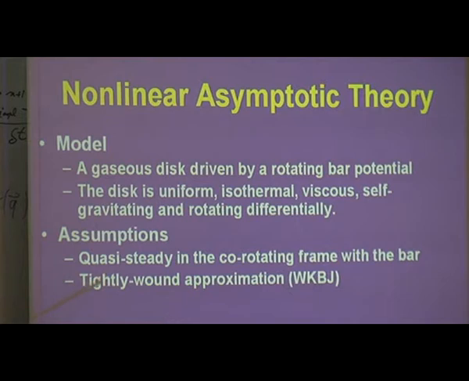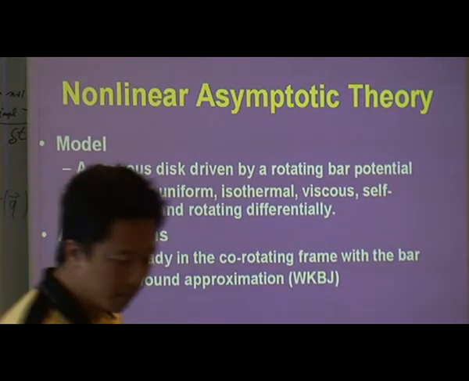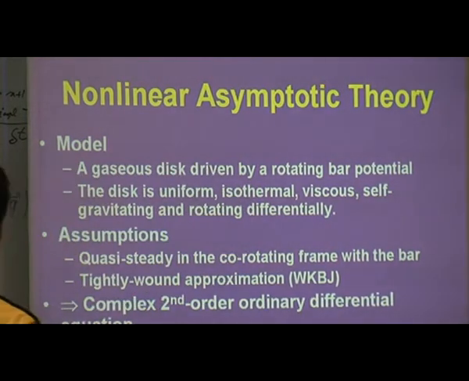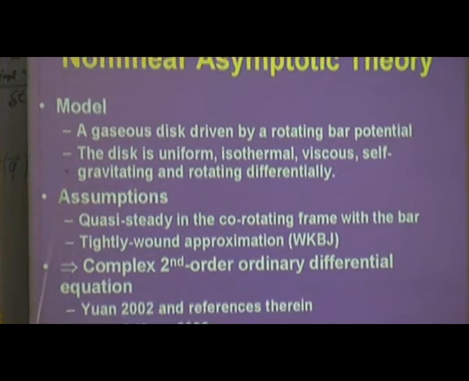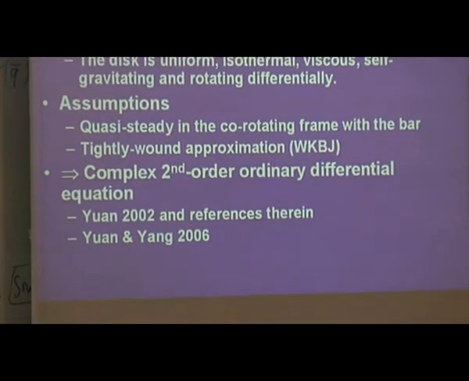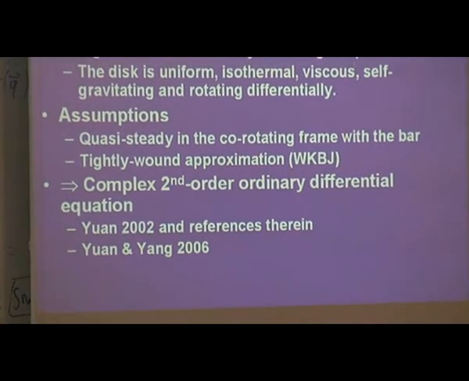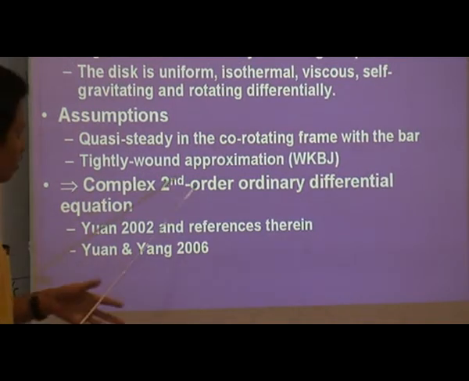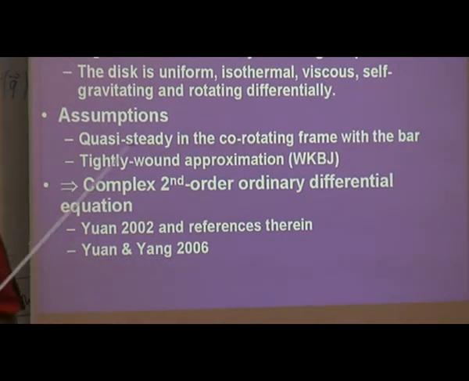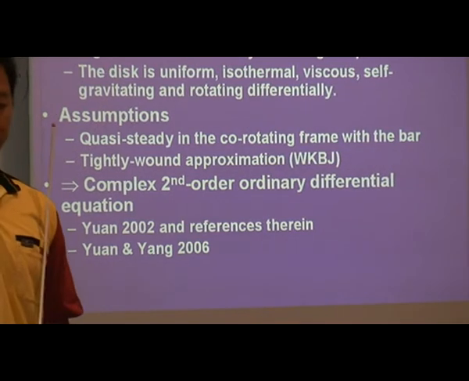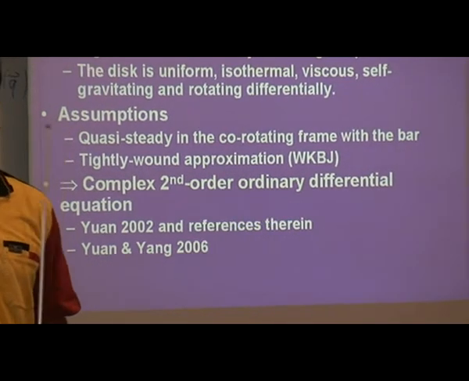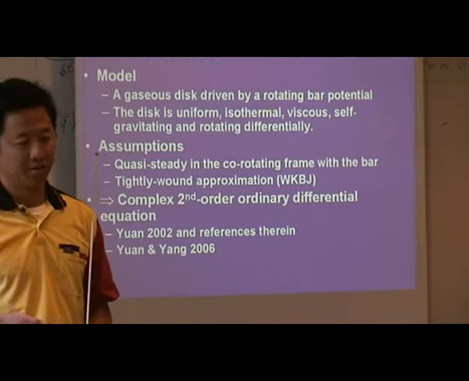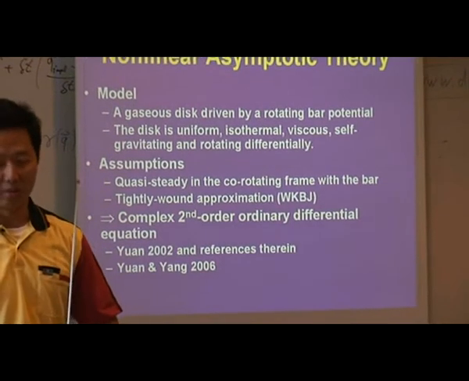And the other is the famous tight-winding approximation. Using these assumptions, the partial differential fluid equations can be reduced into a complex second-order ordinary differential equation. And you can simply solve these ordinary differential equations much quicker than directly doing numerical simulation of the PDE.